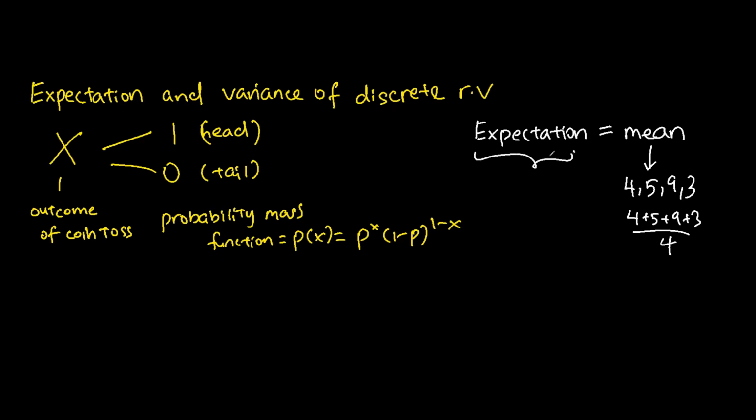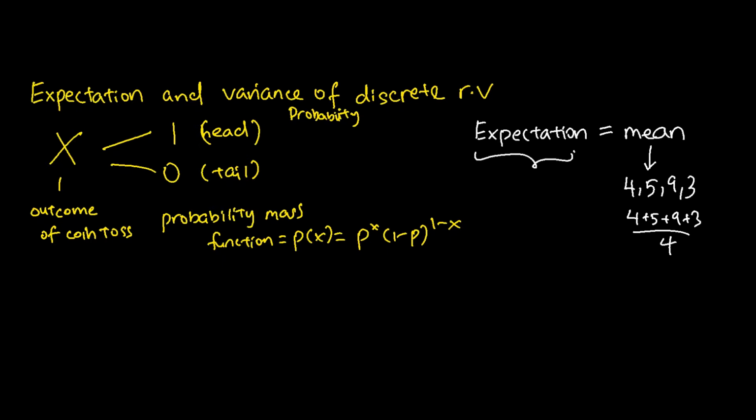Whereas expectation is a little bit different from the word mean, because when we talk about expectation, we know that there are certain cases, a lot of cases, whereby the values are allocated different weightage. So let's look at this particular example. We talk about X as the outcome of a coin toss, in which the numerical value 1 represents the outcome of the coin toss to be head, and 0 represents the outcome to be tail.